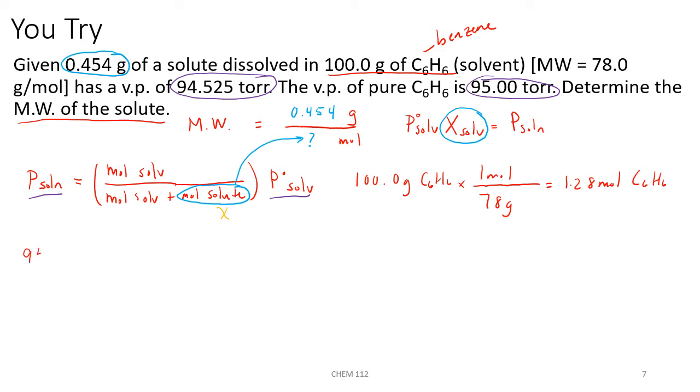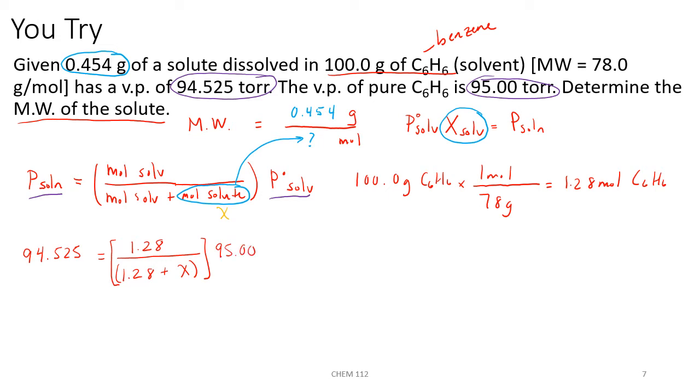So we have 94.525 is equal to our moles of solvent, which we just calculated, 1.28, over our moles of solvent, 1.28, plus our moles of solute. We don't know what that is, so we're going to say plus X. That whole term will be times the vapor pressure of our pure solvent, which is 95 torr.